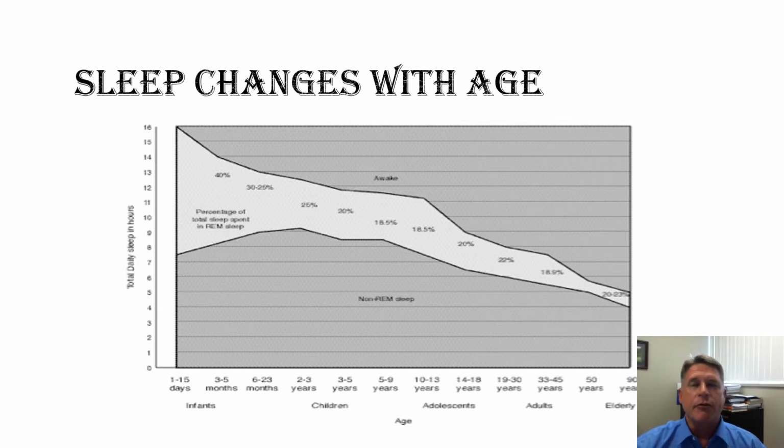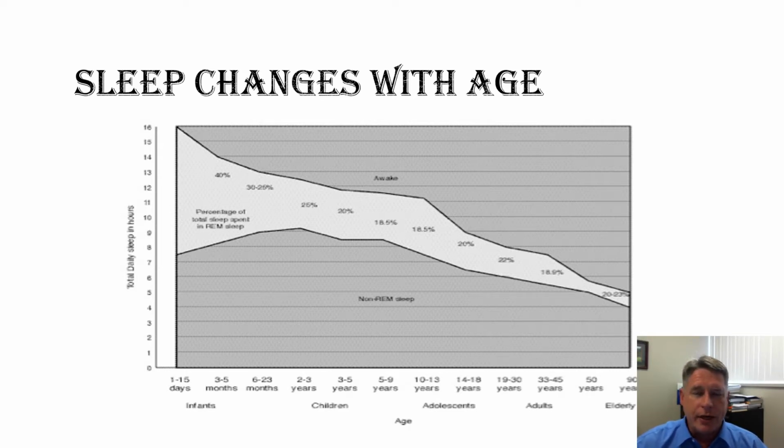Then it gets into the first handful of years, 2 to 3 years, 3 to 5 years, and 5 to 9 years. Eventually it jumps up to 19 to 30 years, 33 to 45, 50, and all the way up to 90. That's on the x-axis. On the y-axis, or the vertical axis, you'll notice the total daily sleep in hours, how much of your day you typically spend sleeping.